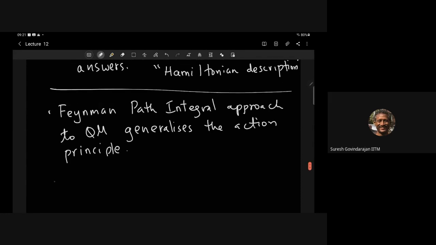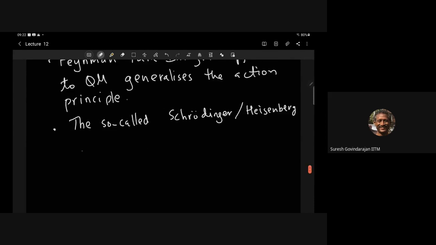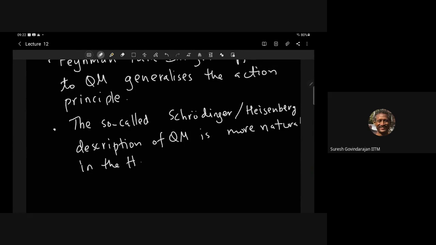But the so-called Schrodinger or Heisenberg description of quantum mechanics is more natural in the Hamiltonian framework.